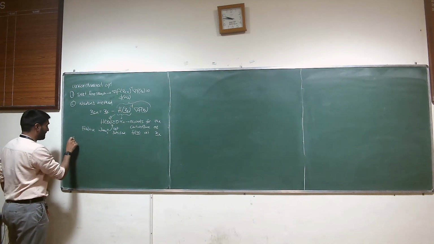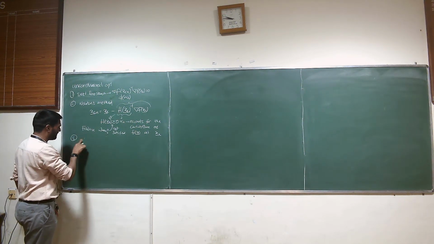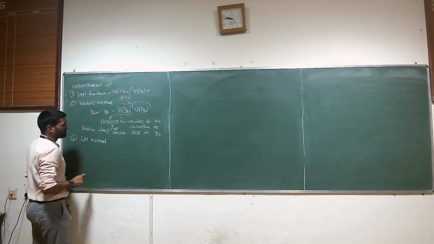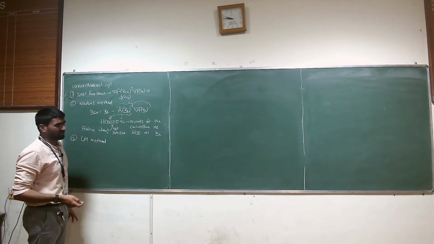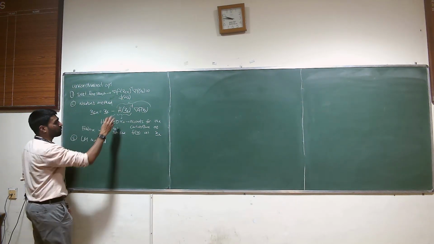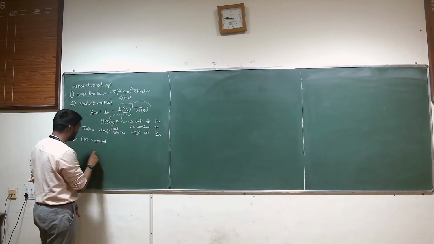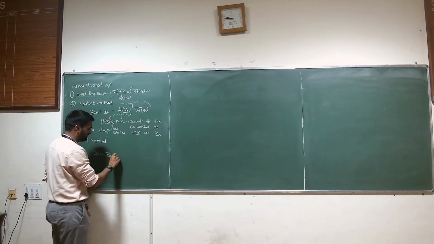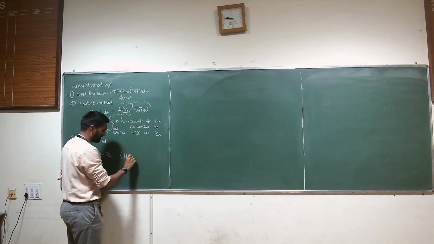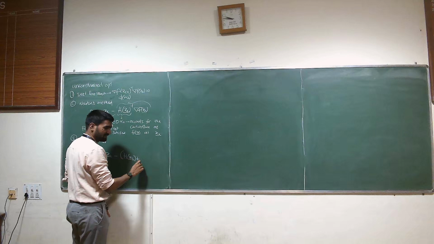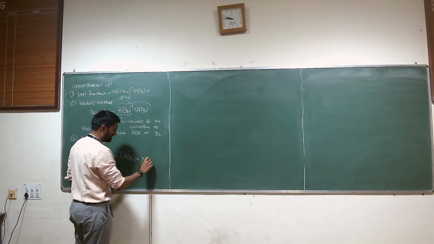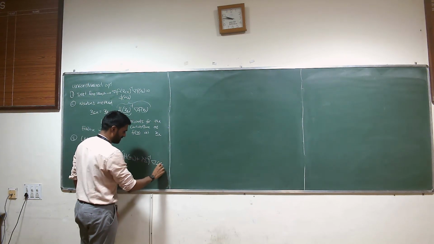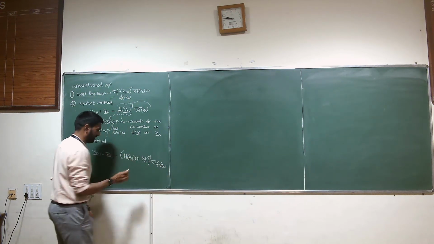Okay. And what is one way to fix this? Right. You ensure that this is always positive definite, at least positive semi-definite, by adding what? Lambda times the identity, and then the inverse.